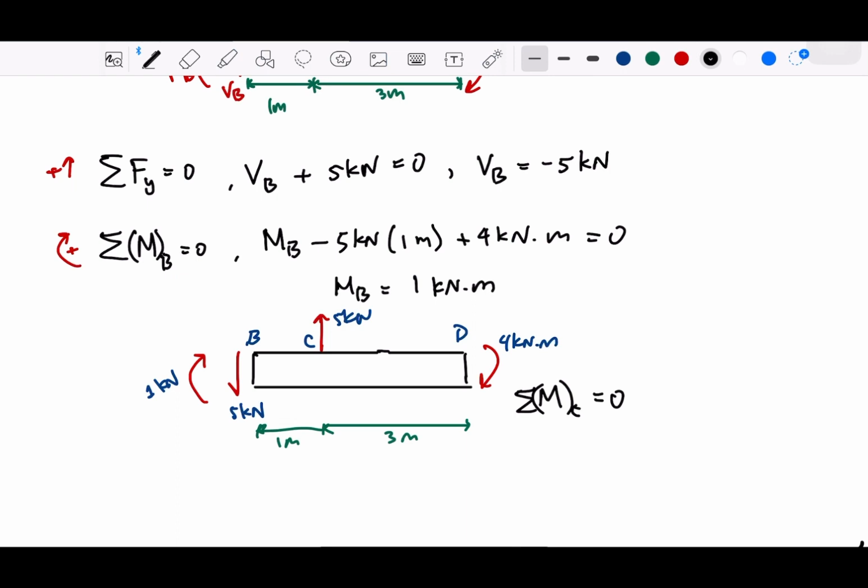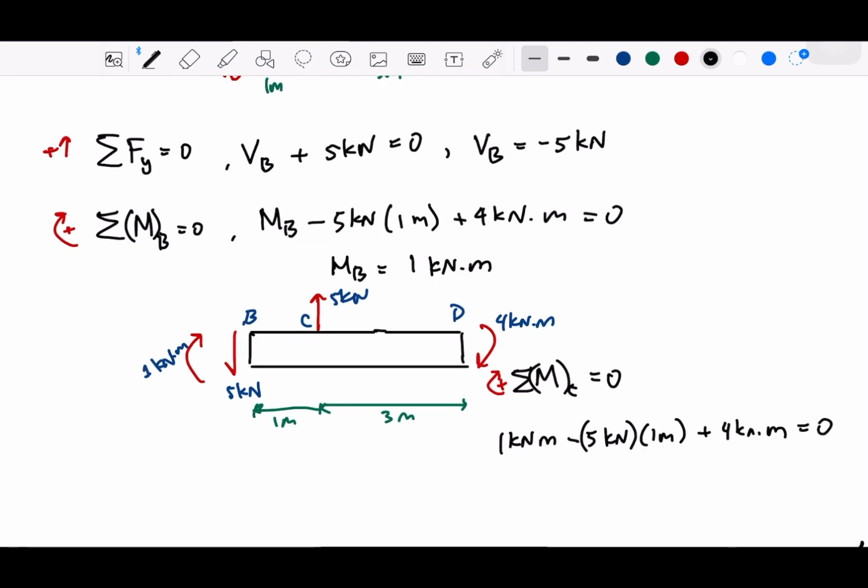Sigma moment at C is going to be, it has 1 kilonewton meter, right? It's positive. And this is equal to 0.